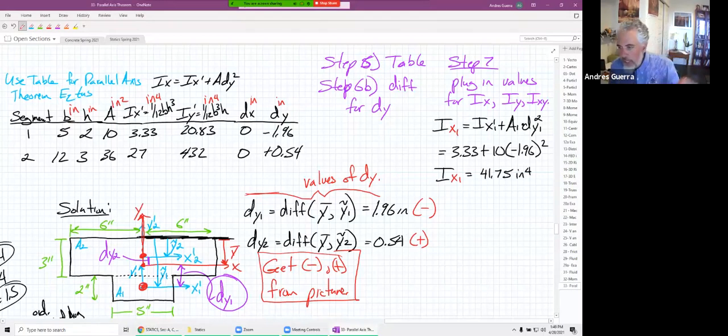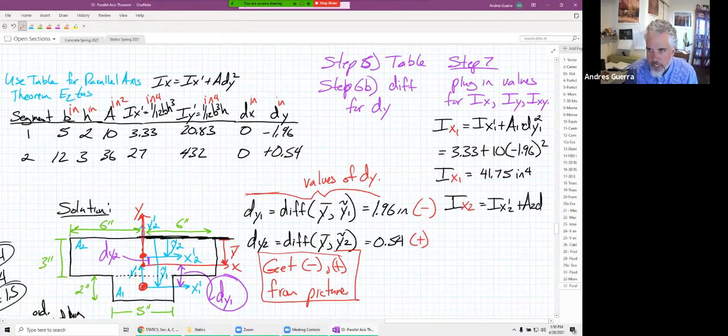So that is only for segment 1. That's taking segment 1, that little rectangle on the bottom, and finding the moment of inertia about the red axis of just that rectangle. We need to do the same thing for segment 2. That's going to be equal to Ix prime 2 plus A2 times d sub y2 squared.